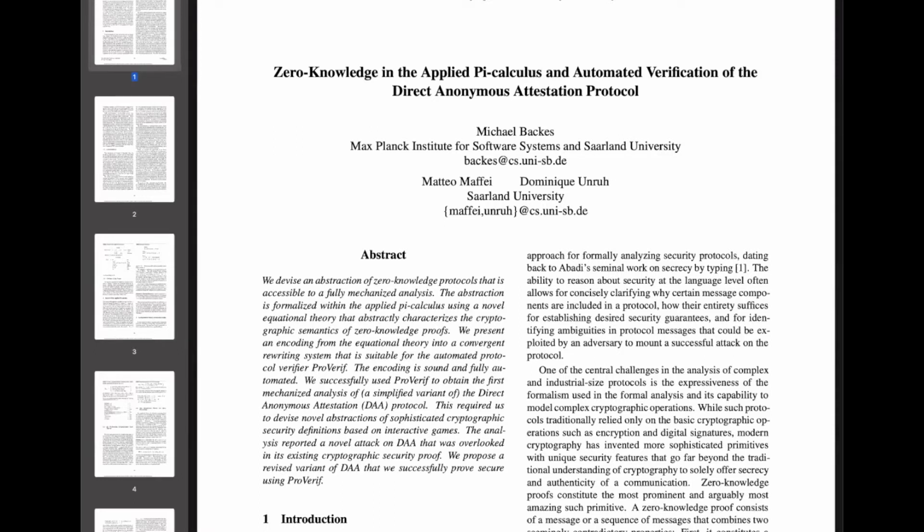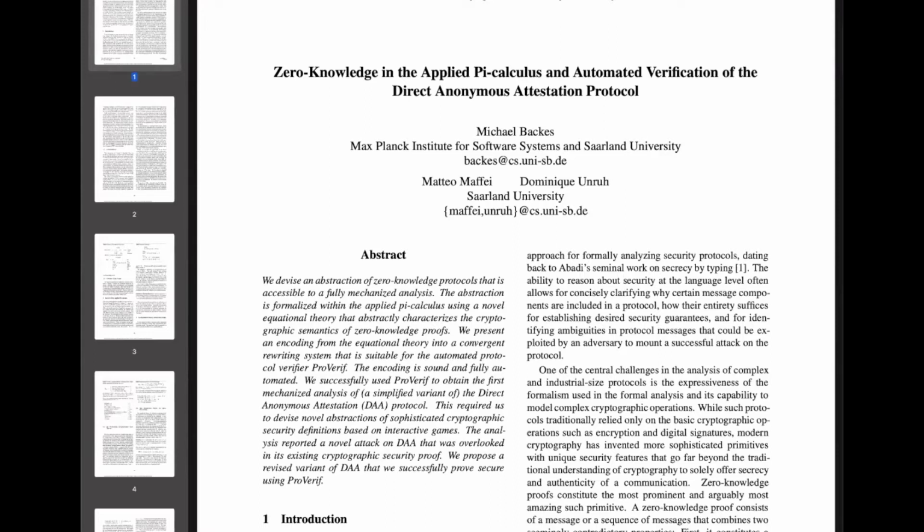So this is where you've got a pi calculus, and what you're going to send and receive are things that are in an equational theory. So I'll show you that in a minute. But then what's unique about their approach is that they give an equational theory for a general accounting of zero knowledge.